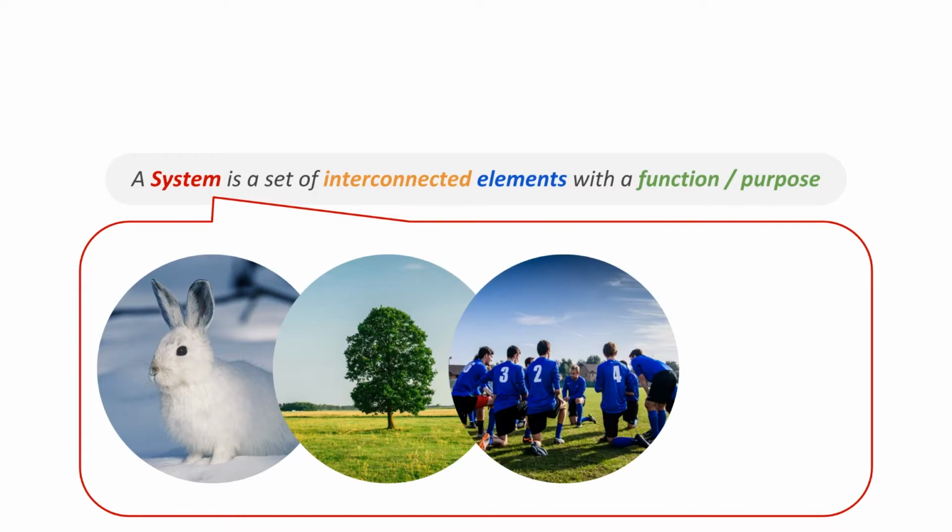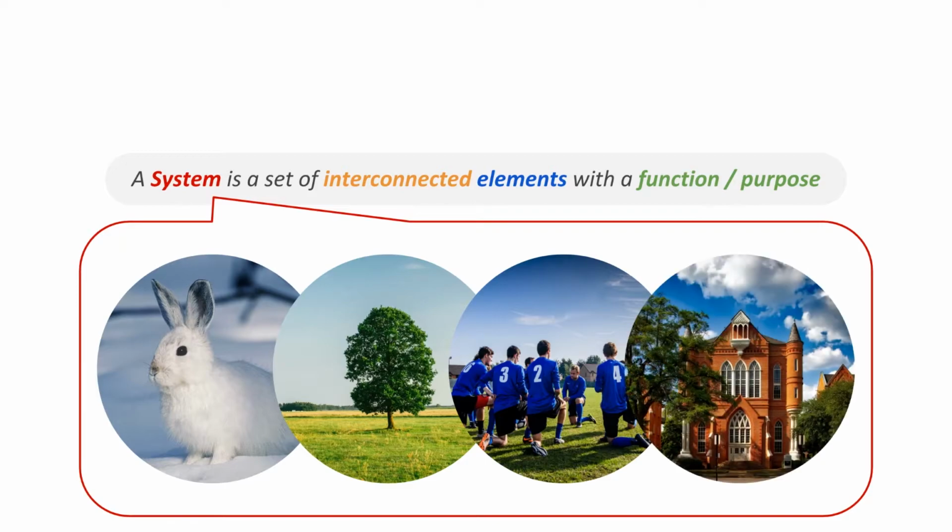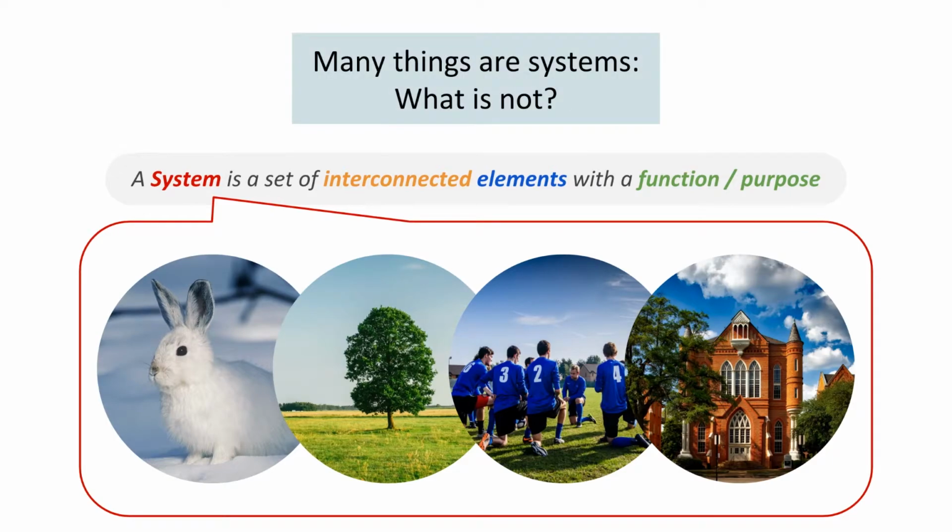We can think of the sports team as being a system with the players being elements that are connected via communication and the ball, and their goal is to win the game. And we can think of the university again with its diverse set of elements that are all connected in order to ideally educate students.